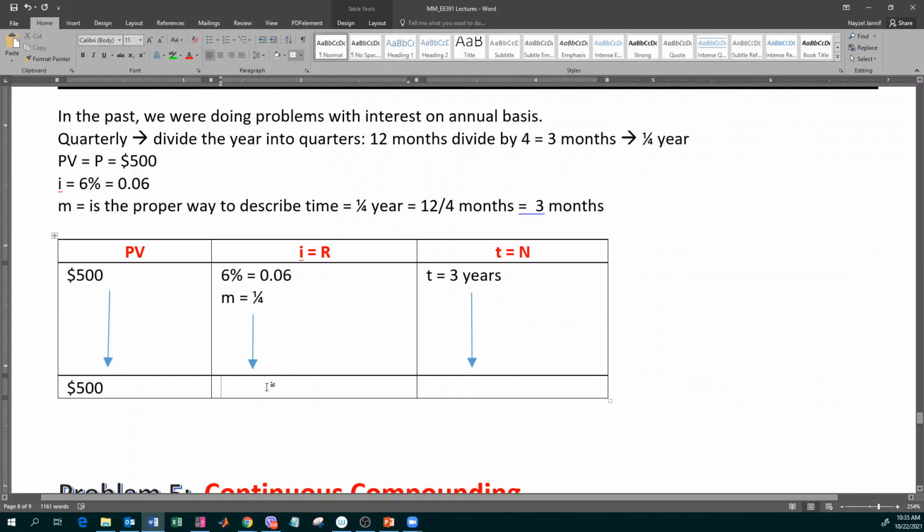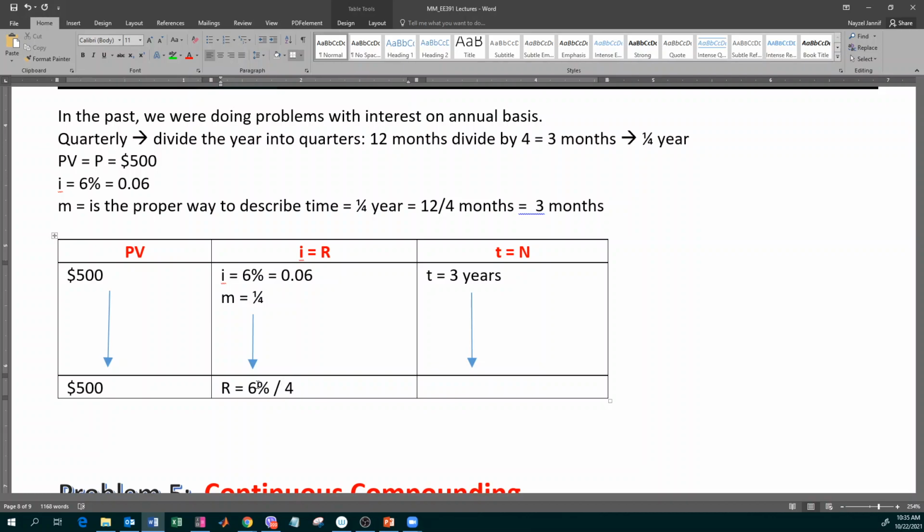Now, our new interest rate, which is R. This was given as a function of 1 year, and taking into account an M, we now have to find R, which is equal to 6% divided by 4.